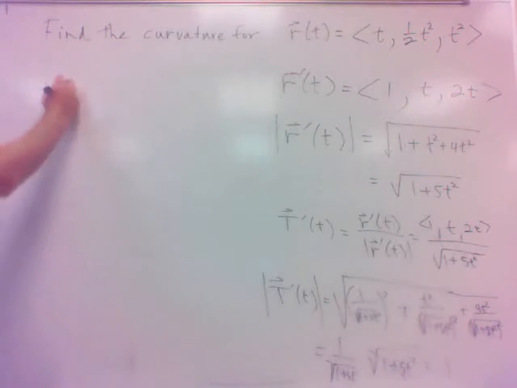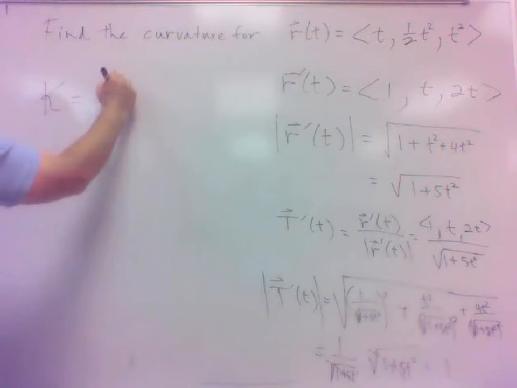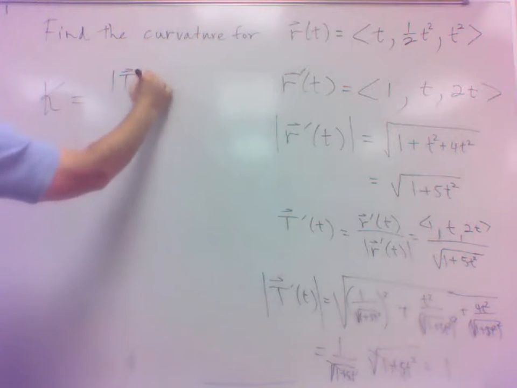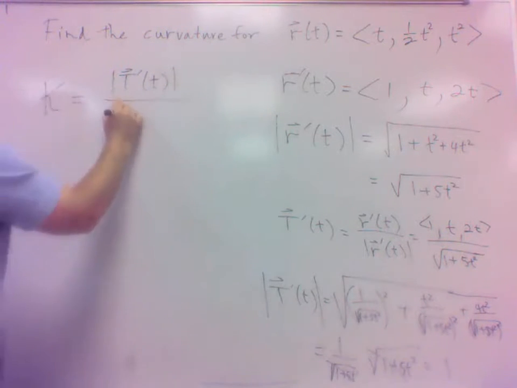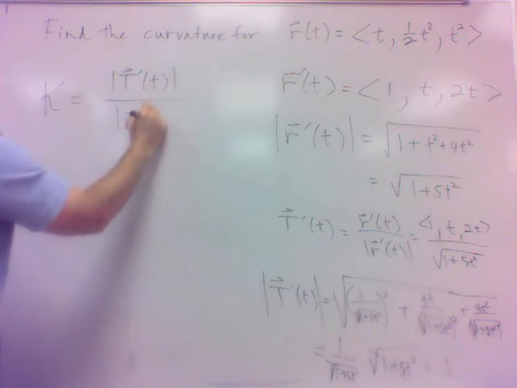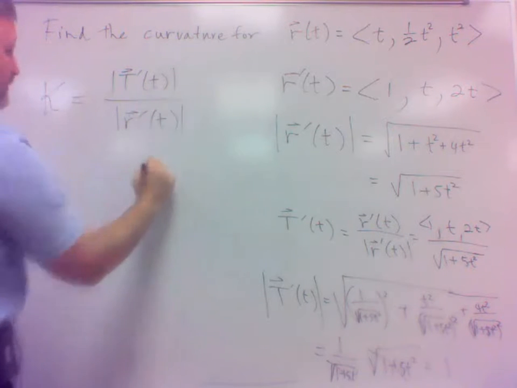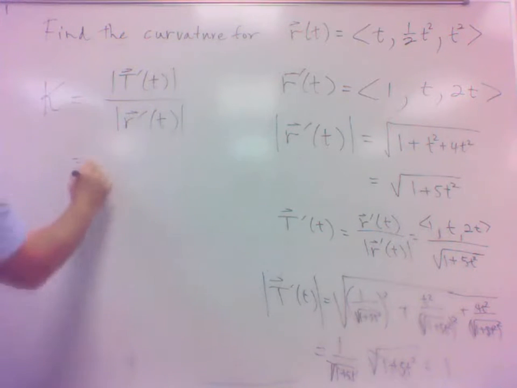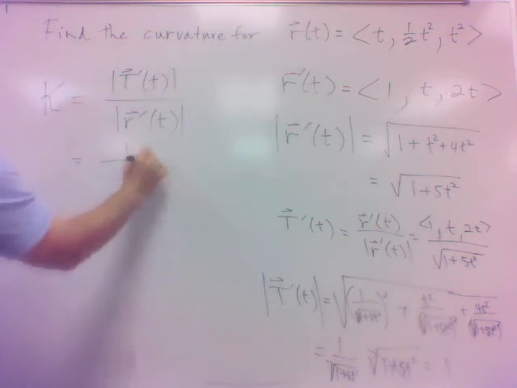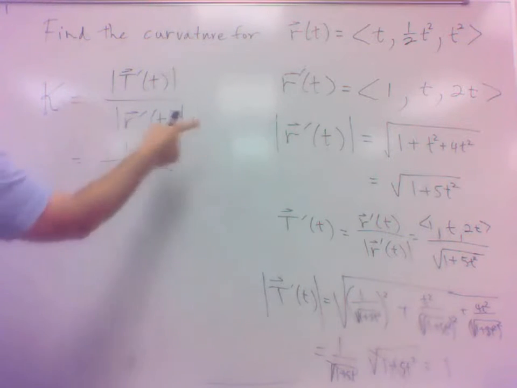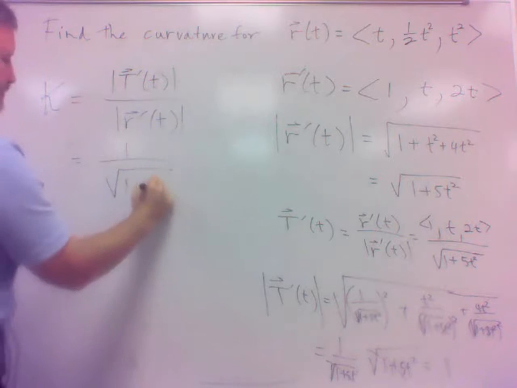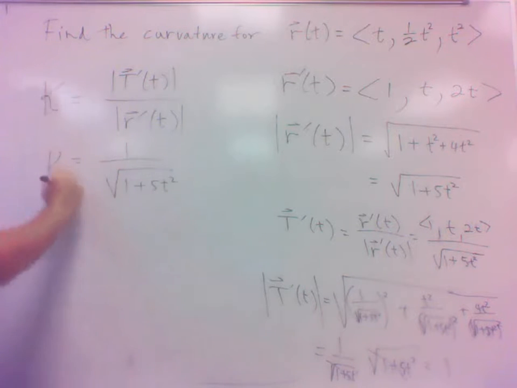So our curvature then is the unit tangent vector derivative length divided by the magnitude of the derivative vector. And so that's 1 over the square root of 1 plus 5t squared. Okay.